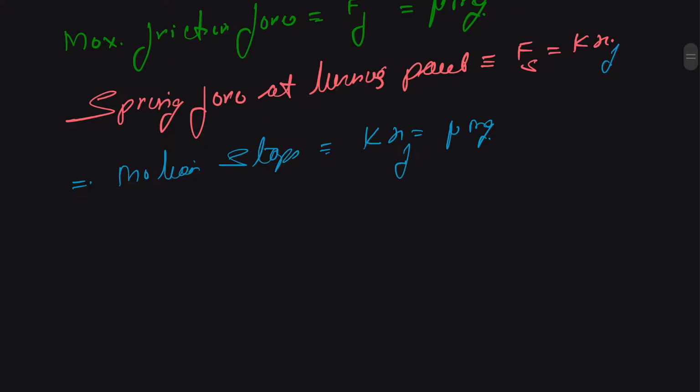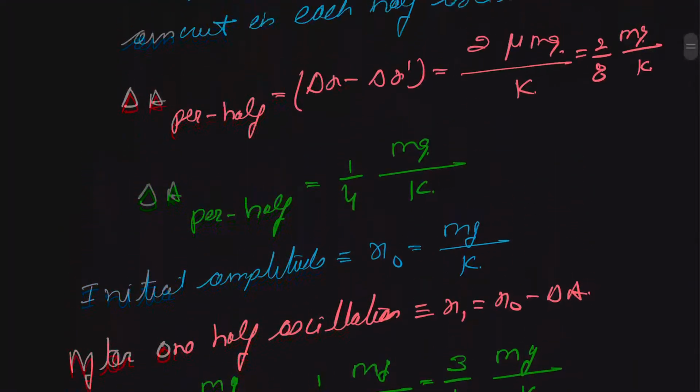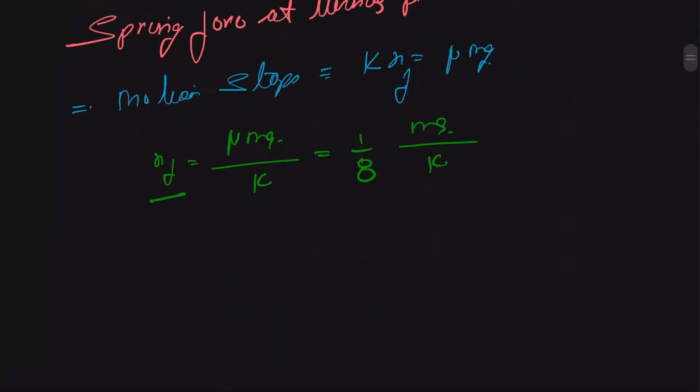Or from here we can say that xf is equal to mu mg upon k. And so this comes as 1 by 8 mg upon k. So this relationship is same which I have already drawn here also. Okay. So this is the condition when the spring force, the motion is going to stop.